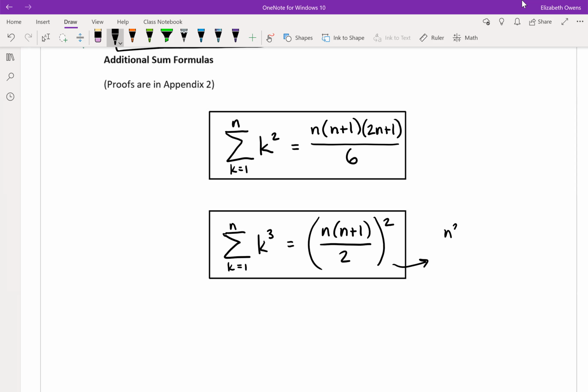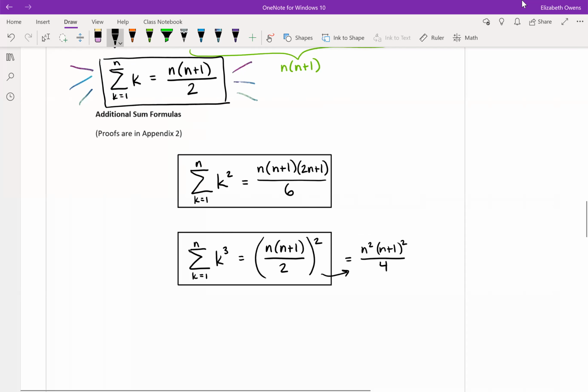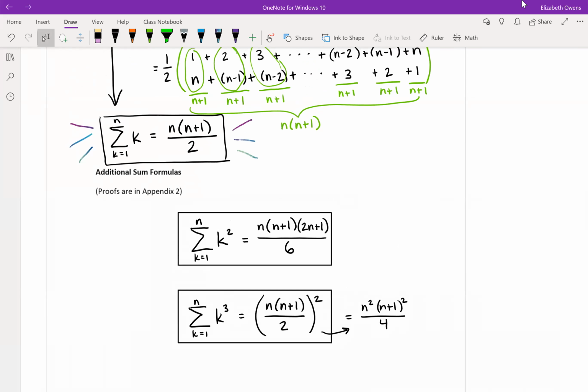You might see this written sometimes as n squared times n plus 1 squared over 4. That's just applying the square to everything inside. But if you need that one on an exam, I'll give it to you as well. But there we go. There are all three of our main summation formulas. And we'll definitely need these in the next section. So that will be a good thing to have.